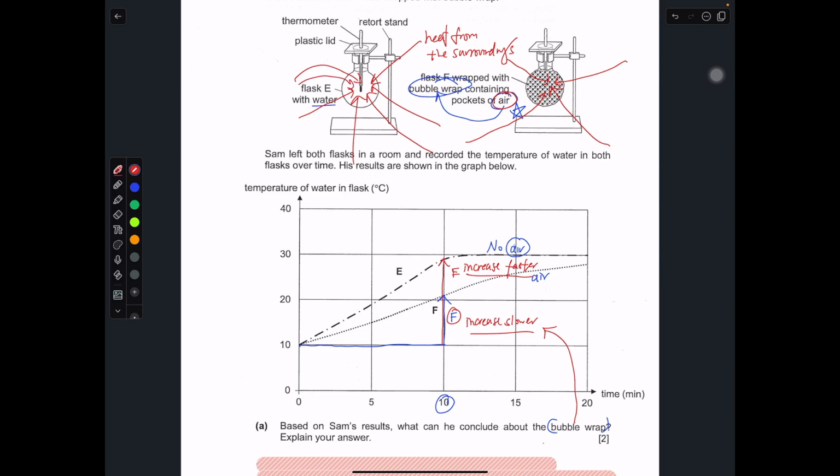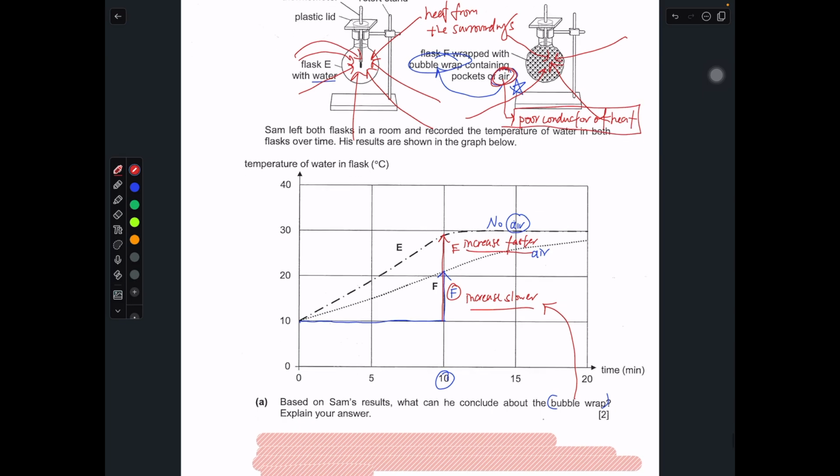Over here, what kind of property does air have? It is a poor conductor of heat. That's why it can slow down the heat gain by the water from the surrounding.